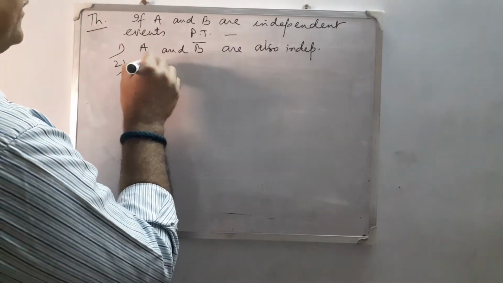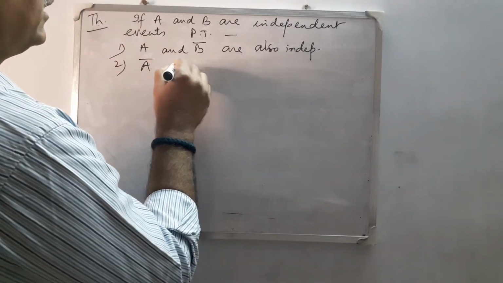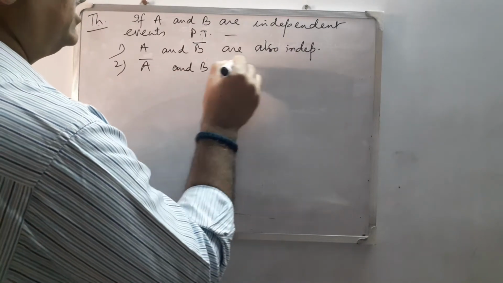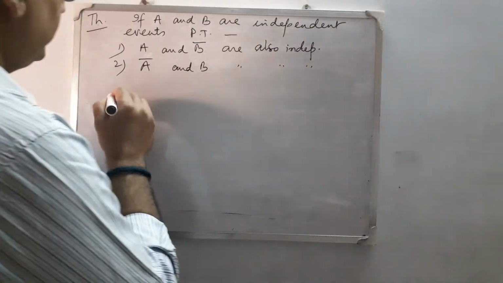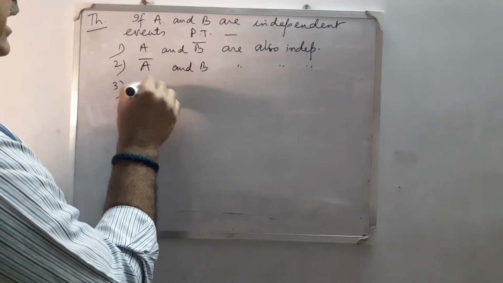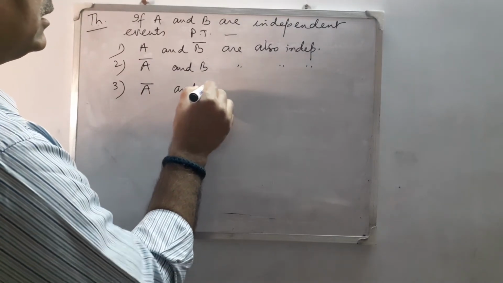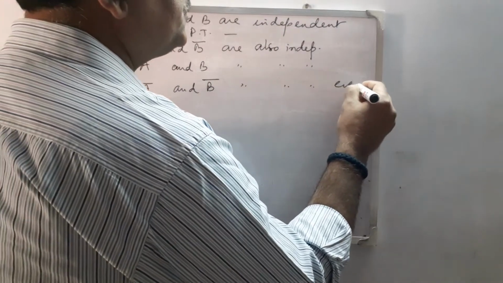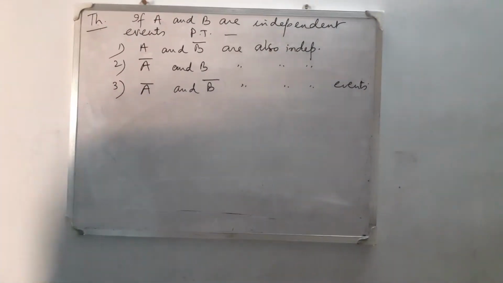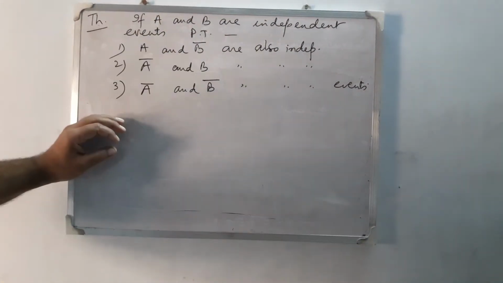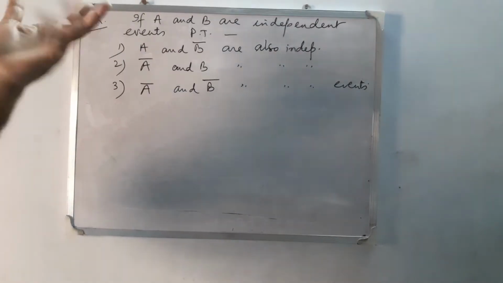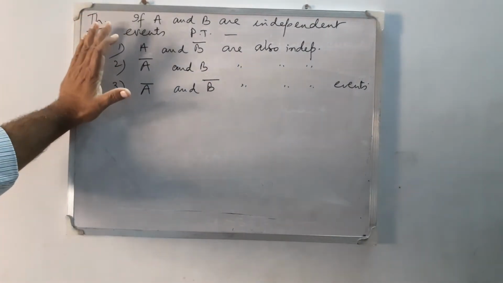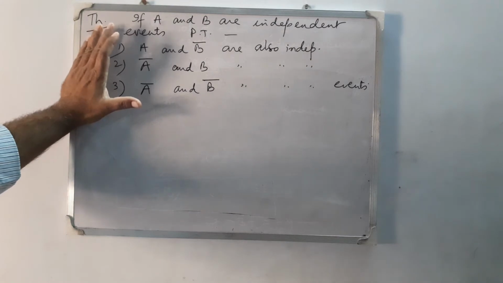Number two, A bar and B are also independent. Number three, A bar and B bar are also independent events. These three results may be treated as theorems in probability and may be asked in your examination.